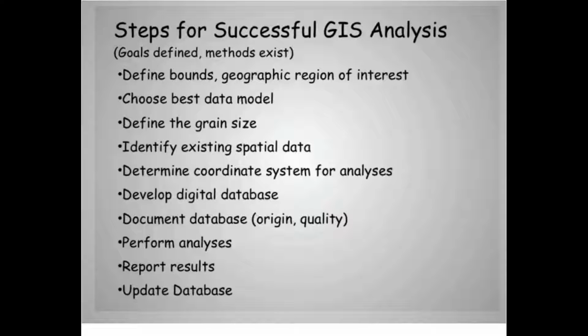That's what we're talking about. Geographic region. Second is to choose the best data model. So that's what we're going to talk about today, what a data model is, and what are the different types of data models. We model the world. What are they? Define the grain size. Another way to say this is to think about resolution.